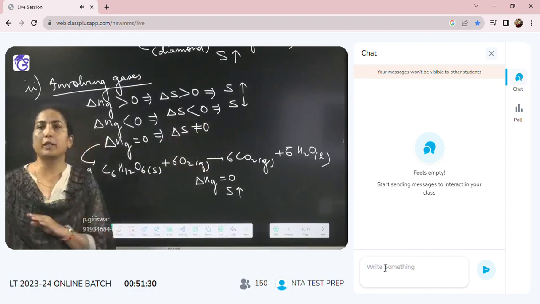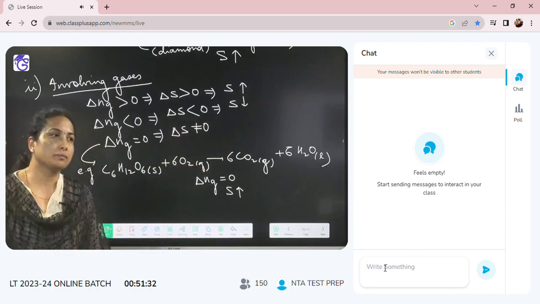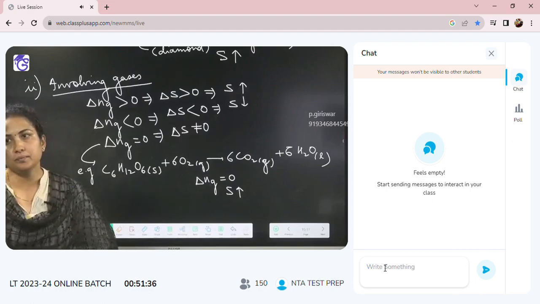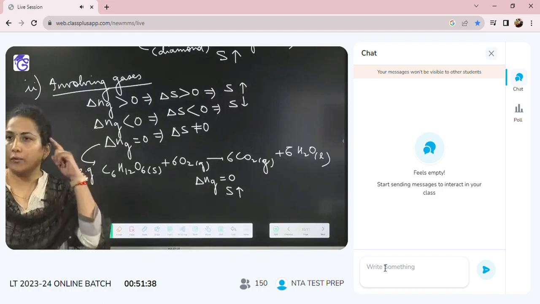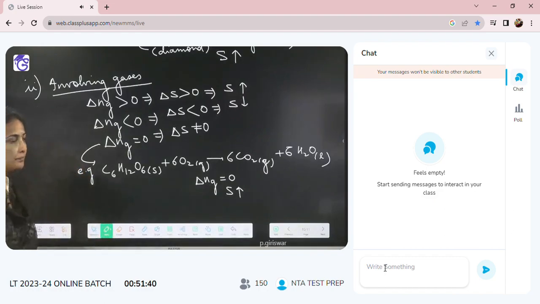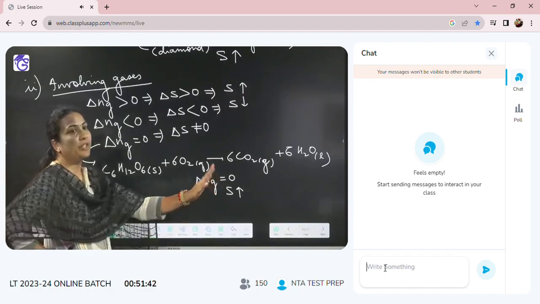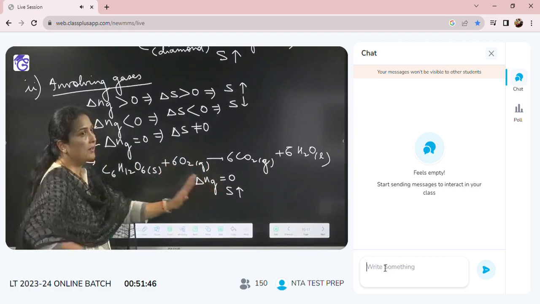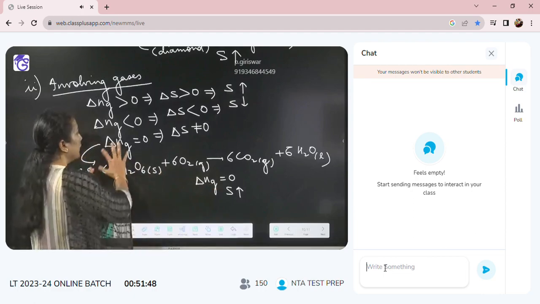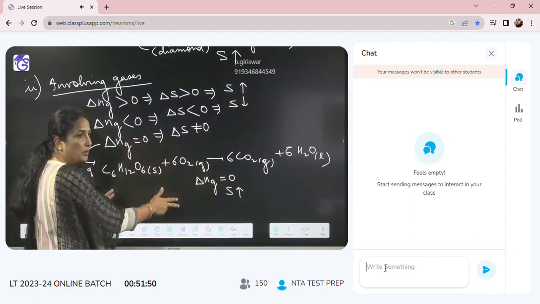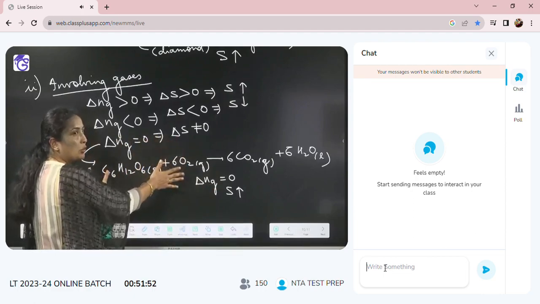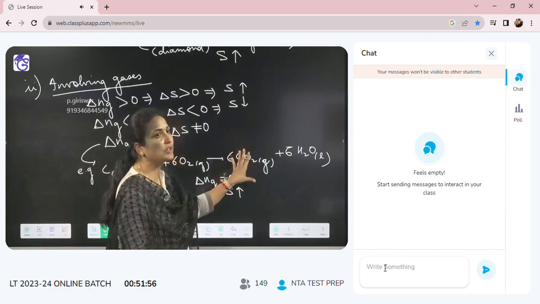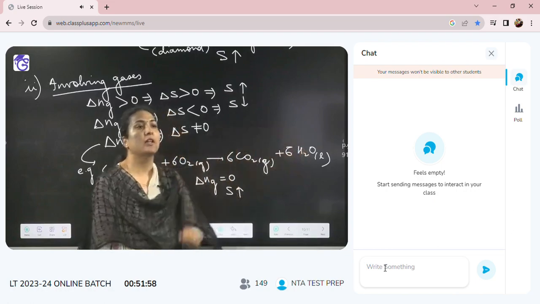Out of liquid and solid, whose entropy is more? Of a liquid or of a solid? Definitely of a liquid. So can I think that entropy is going to increase? The actual reason is that the overall entropy of this 1 mole of solid plus 6 moles of gas is lesser in comparison to the liquid plus 6 moles of gaseous product.